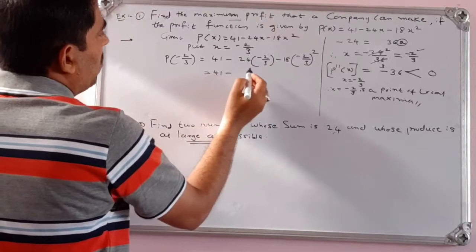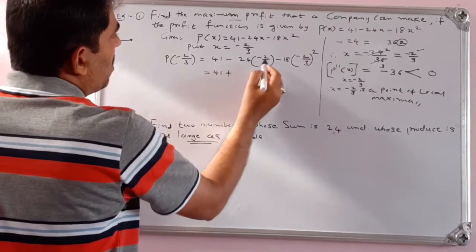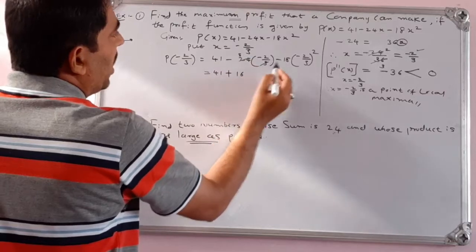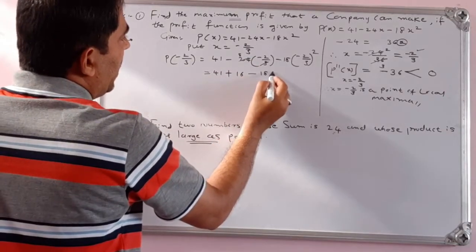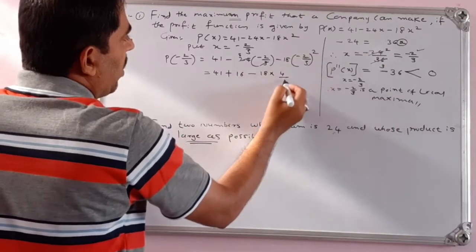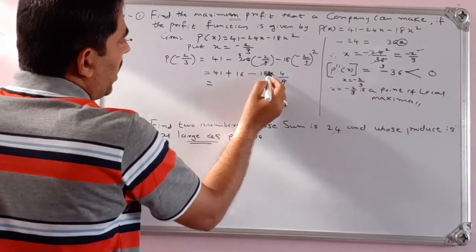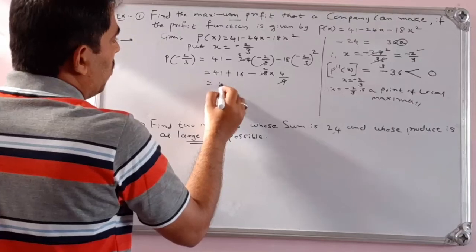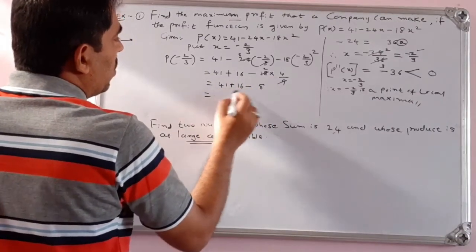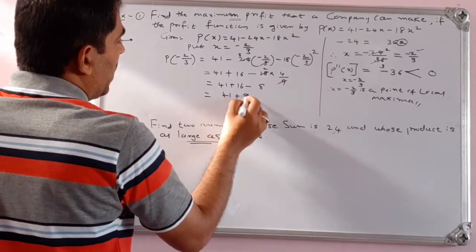So simplify this, minus into minus will be plus. Then I can cancel this, 3 1s are 3 8s are, so 8 2s are 16. Then minus 18 into, whole square is there, so minus 2 whole square is 4, 3 square is 9. So then 9 1s are 9 2s are, so 41 plus 16 minus 8. So this will be 41 plus 8.